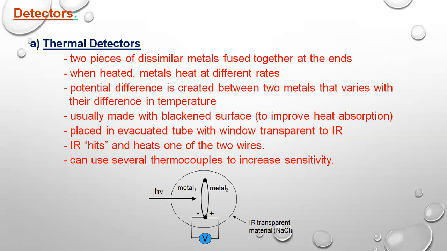So this will generate a potential difference, and this potential difference depends on the temperature. Usually these wires are made with blackened surface placed in an evacuated tube with a window transparent to IR radiation.